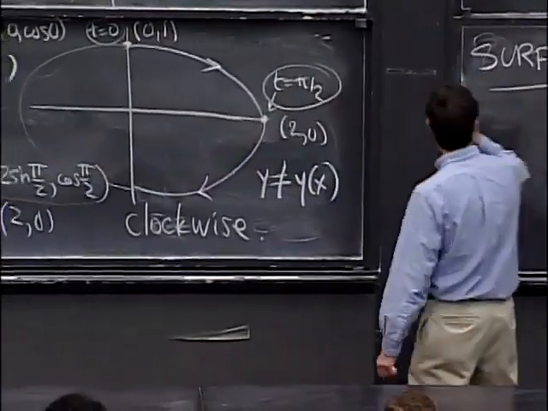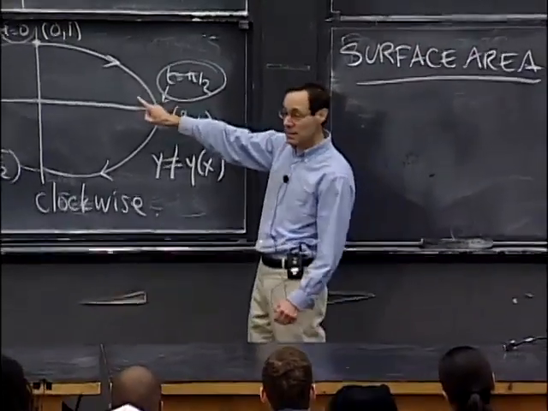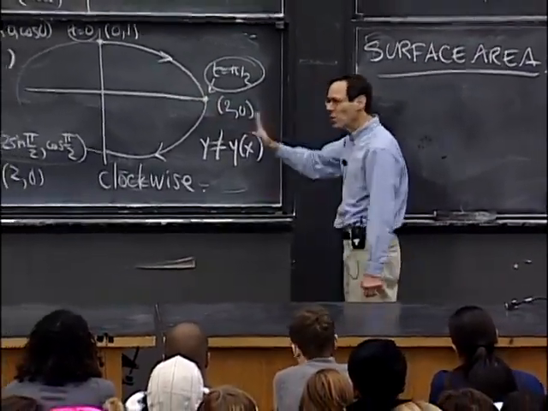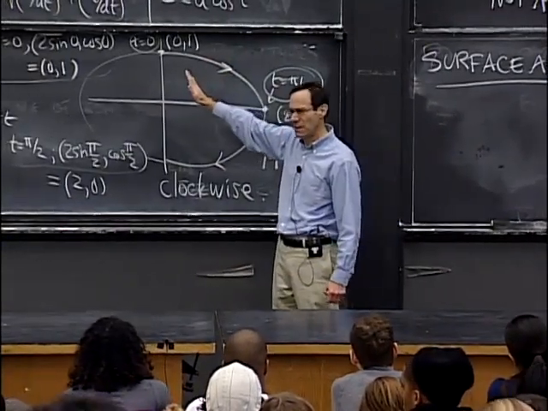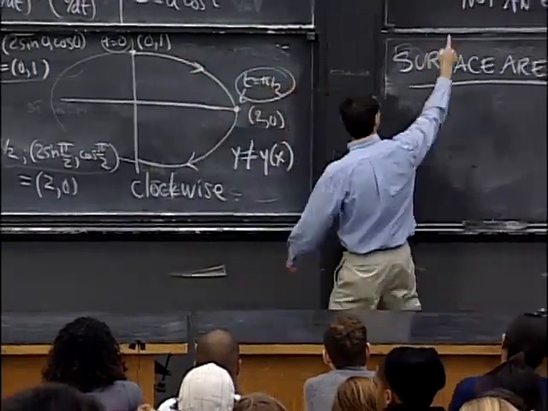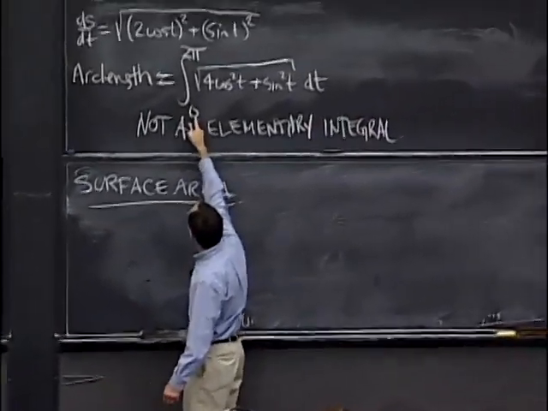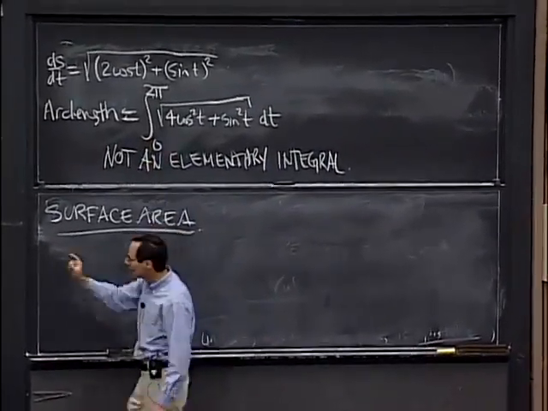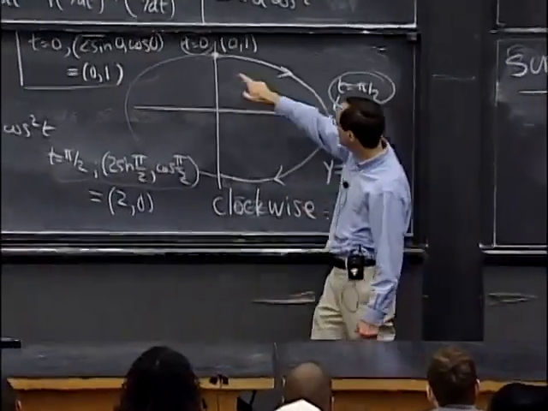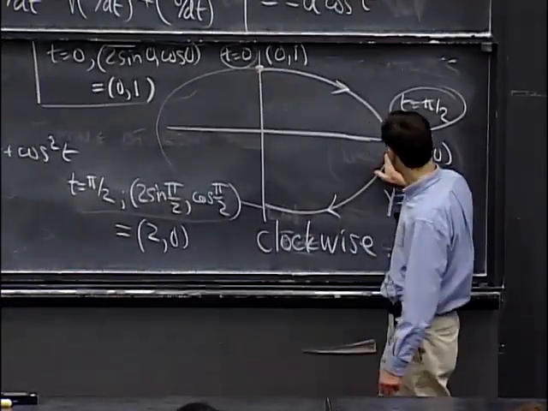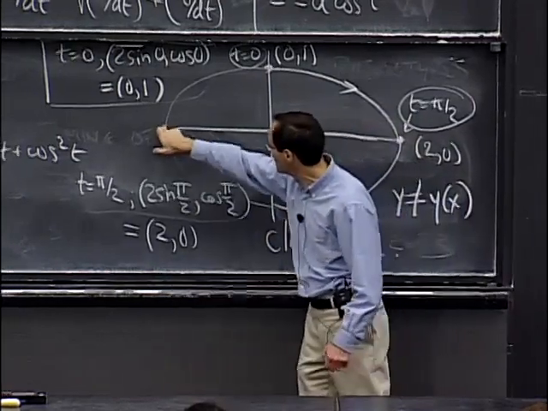Another very good question, which is exactly connected to this picture. How are we going to use the picture, and how are we going to use the notion of t? The question was, why is this from t equals 0 to t equals 2 pi? That does use the t information on this diagram. We do know that t starts here. This is pi over 2. This is pi. This is 3 pi over 2.